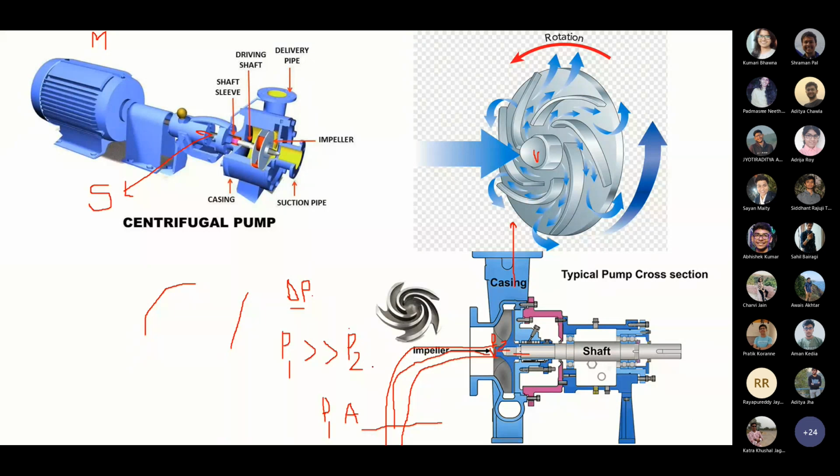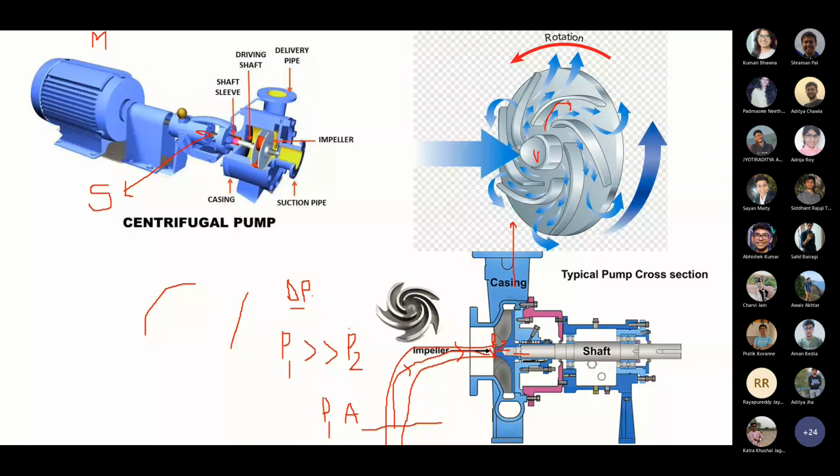So that way, the fluid is drawn from the open well or storage tank to the center position of the impeller. Since it's rotating, as you can see, there are open channels for the fluid to flow.